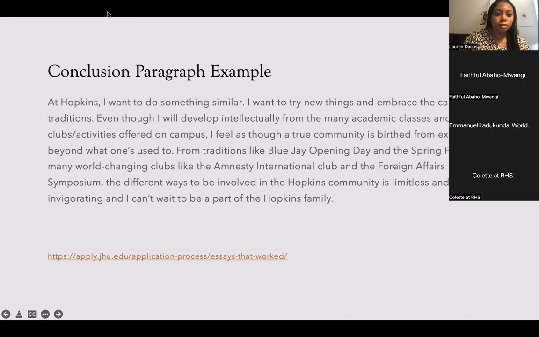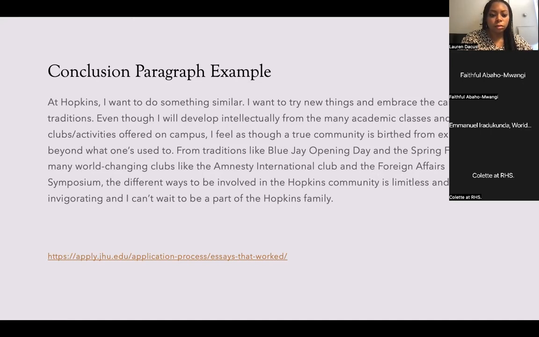Yes, please. At Hopkins, I want to do something similar. I want to try new things and embrace the campus traditions. Even though I will develop intellectually from the many academic classes and clubs or activities offered on campus, I feel as though a true community is birthed from exploring beyond what one's used to.